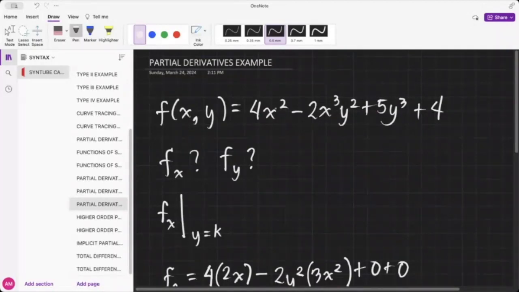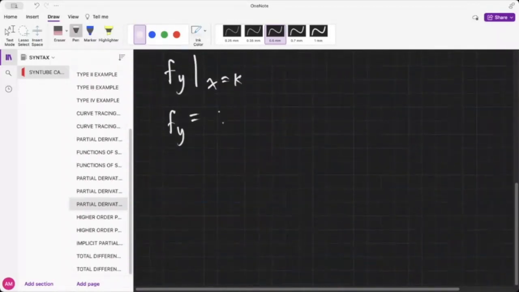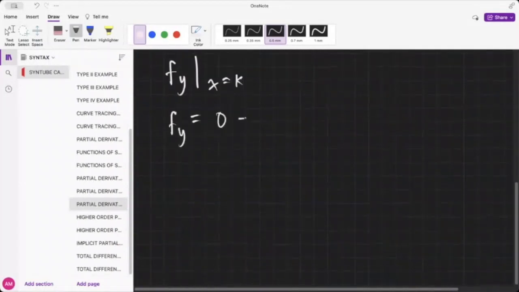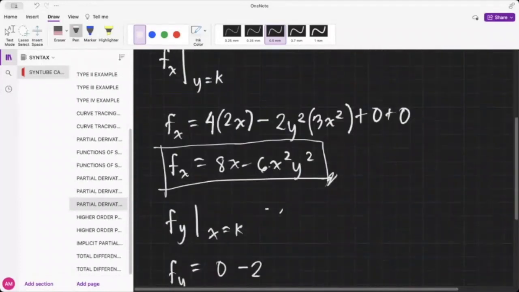So this is just 0. Next, ano yung constant mo dito? Negative 2x cubed. Kasi sa y ka lang concerned. Ito, i-treat mo lahat as constant. So, lagay mo dito. Negative 2x cubed.